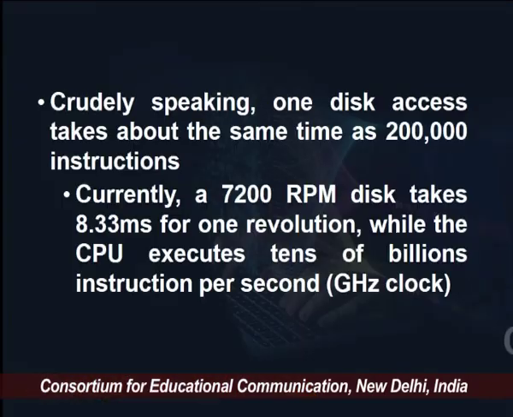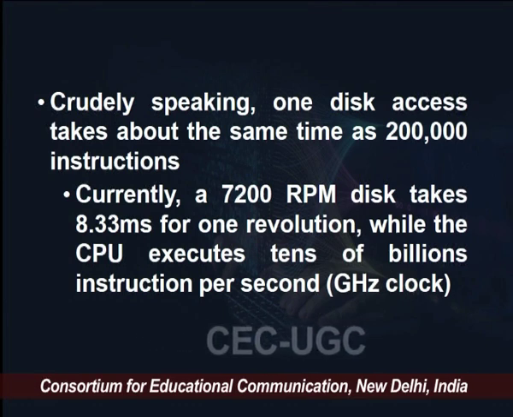Now one disk access is going to take the same time as 2 lakh instructions. So 2 lakh instructions are on one side, and one disk access is on the other side, and they take the same time. For example, the disk spinning speed can be doubled.